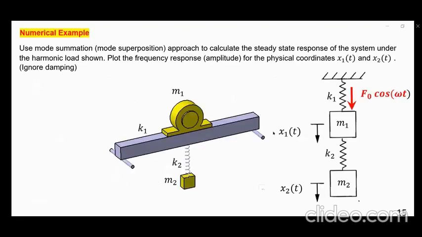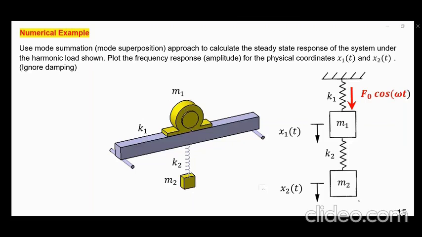Let's do an example here. Suppose we have a beam like that, which is simply supported at both ends, and on it there is perhaps a fan or a compressor which is turning at a given RPM.